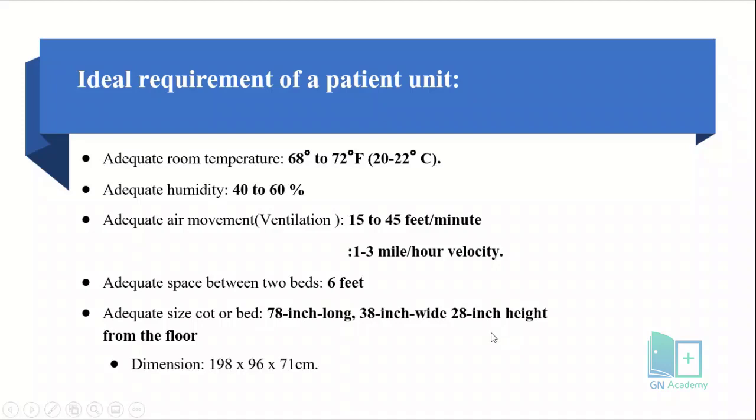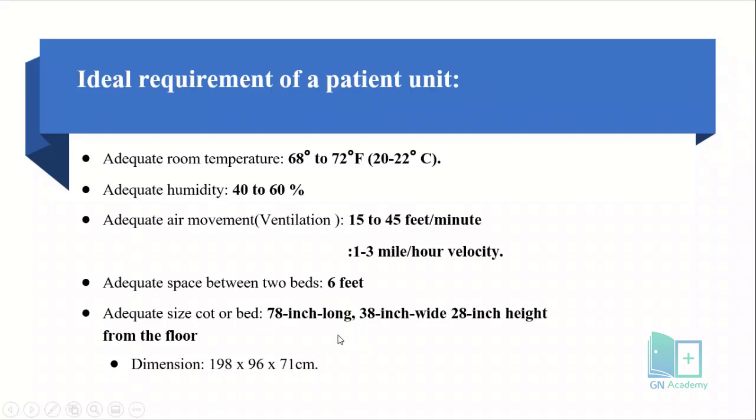In the metric dimensions, remember the proportion is 198 centimeters long, 96 centimeters wide, and 71 centimeters in height. So the bed dimension should be 198 by 96 by 71.